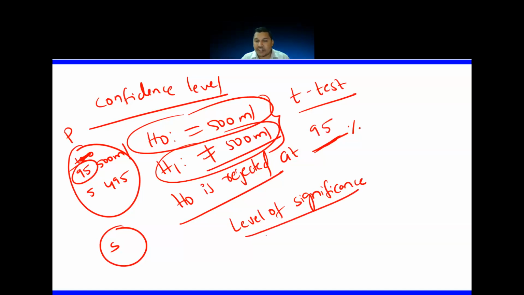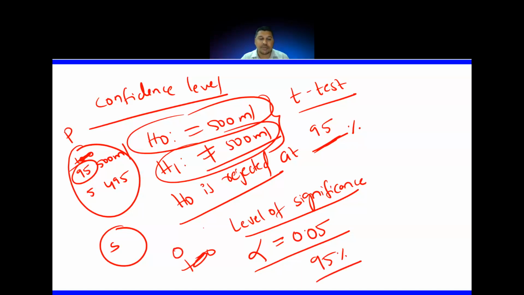Level of significance is represented using alpha, and this value is 0.05. Okay, we use this 0.05, alpha as 0.05 value. It means 95% confidence. Alpha value is between 0 and 1.